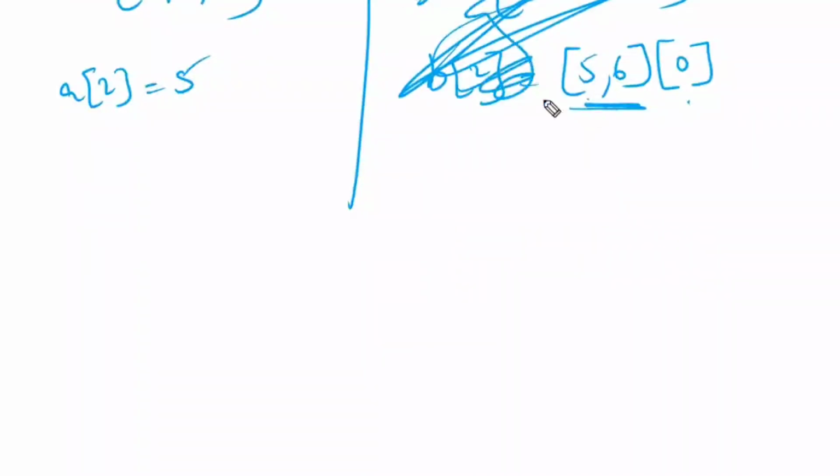Simple. Whenever you are writing a new number, you have to check with the output of that one, not with the original one, only with the output.